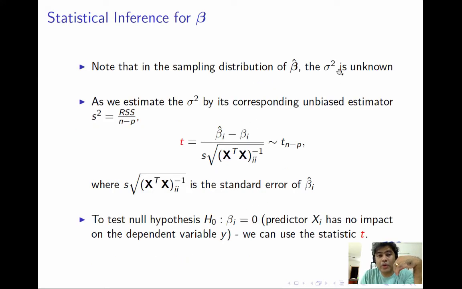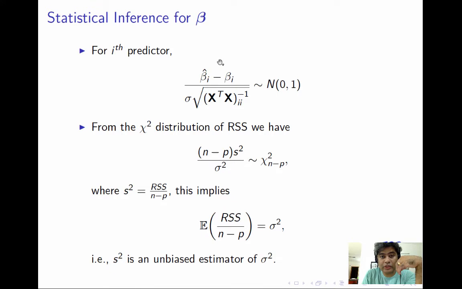So we can estimate sigma square by s square, RSS divided by n minus p. It turns out that as soon as we plug in s for sigma, the distribution we showed here as normal 0, 1 will no longer be a normal distribution.